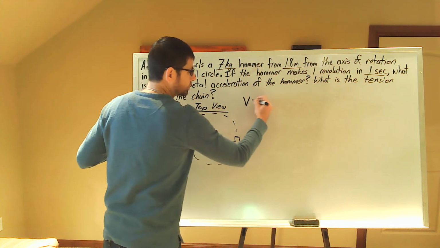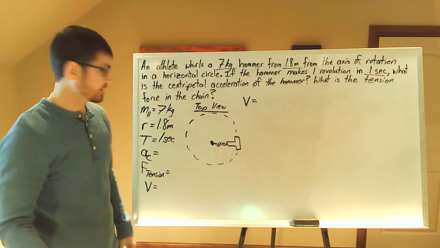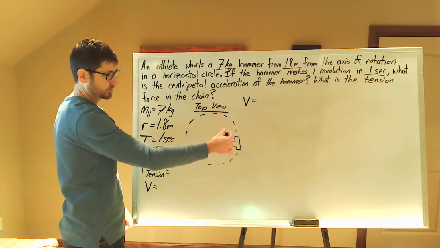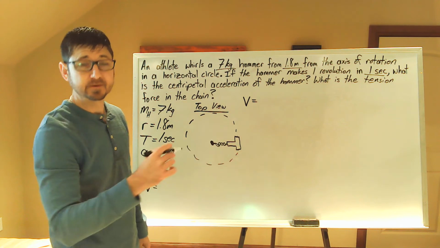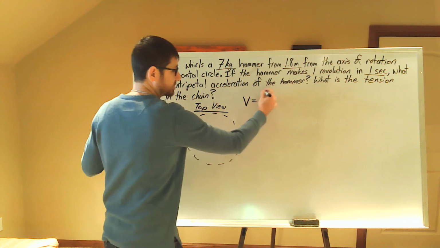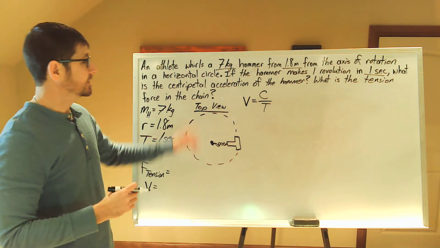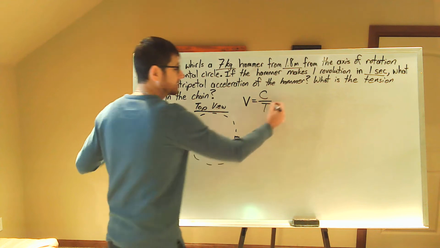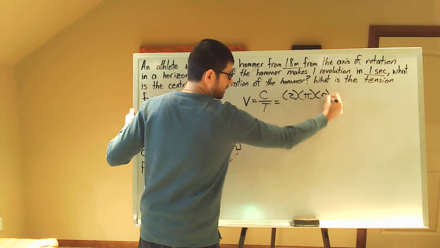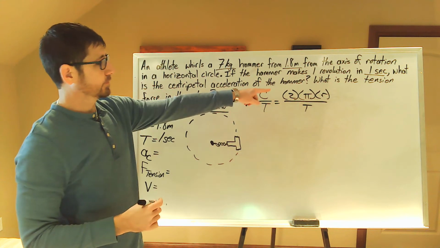In order to calculate the velocity of the object, we need the displacement vector. For one full rotation around this circle, the displacement is the circumference of the circle. So we have the circumference divided by the time period. The circumference can be calculated as 2 pi r, so in the numerator, we need the radius.